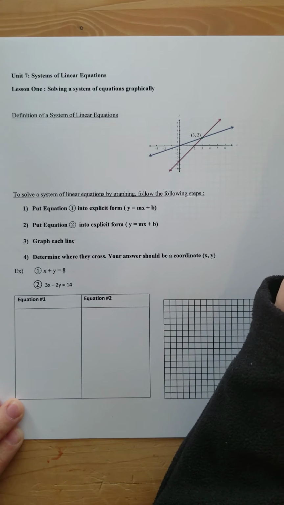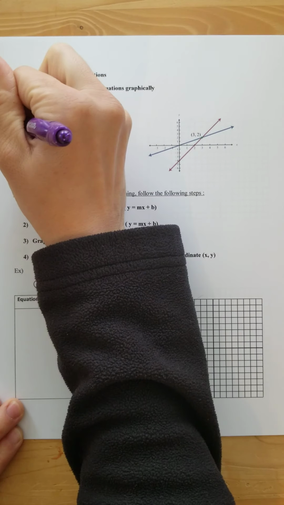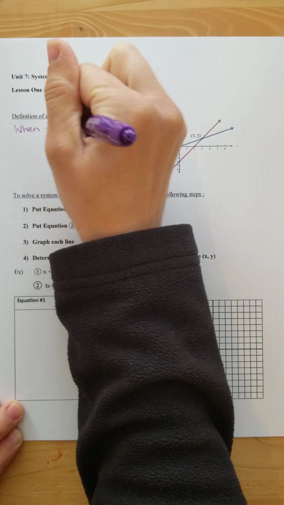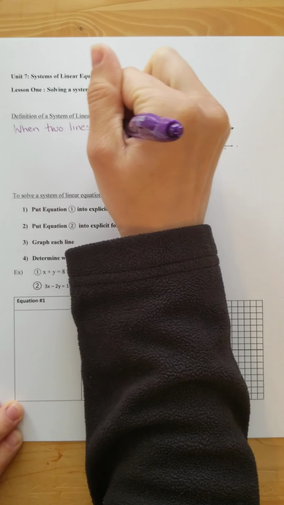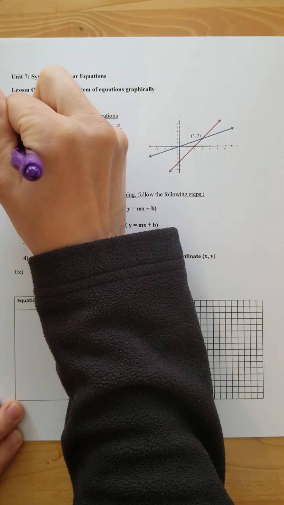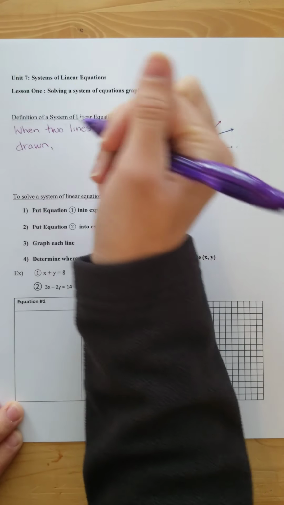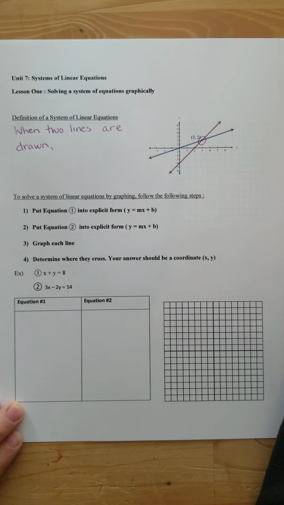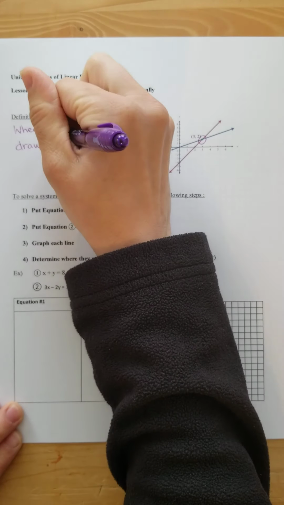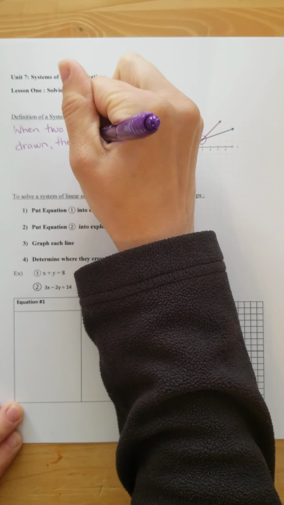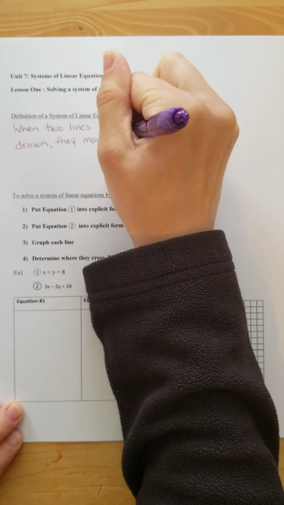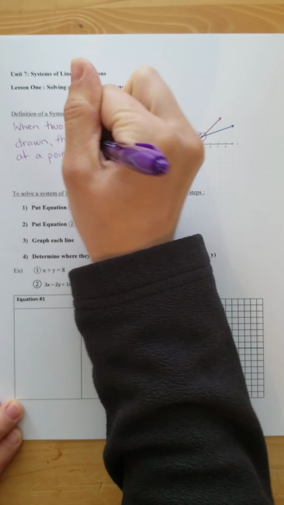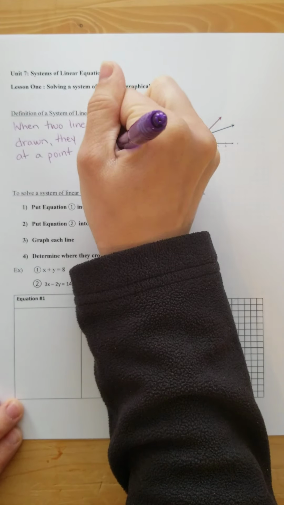So the definition of a system of linear equations is when two lines are drawn, okay, just like right here, they may cross at a certain point. So they may cross at a point X, Y.